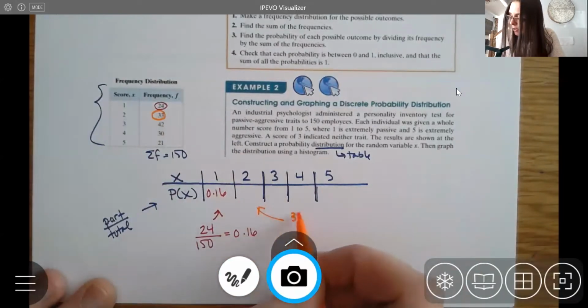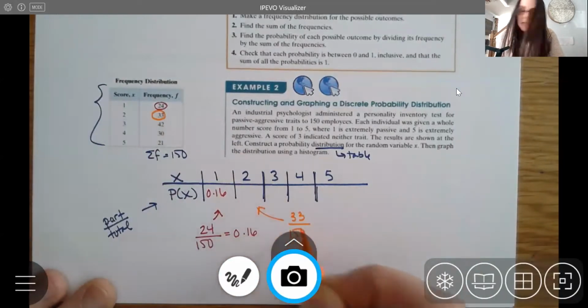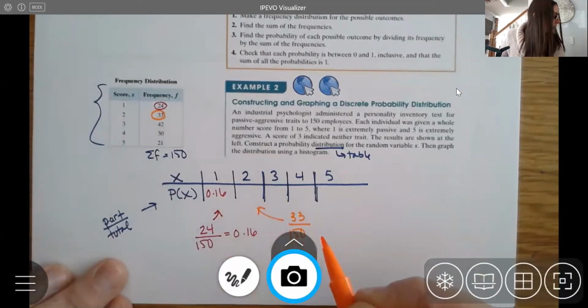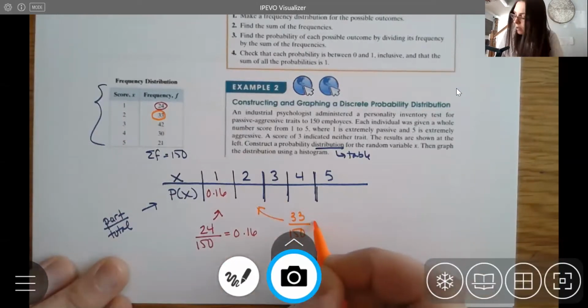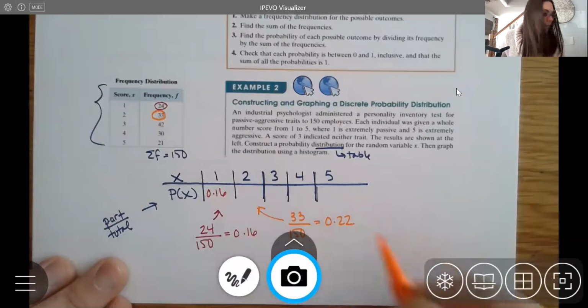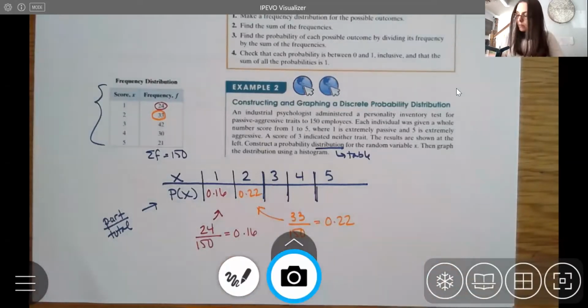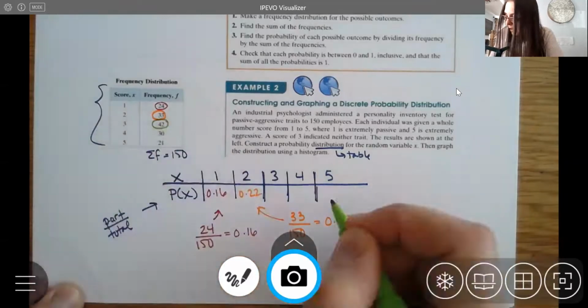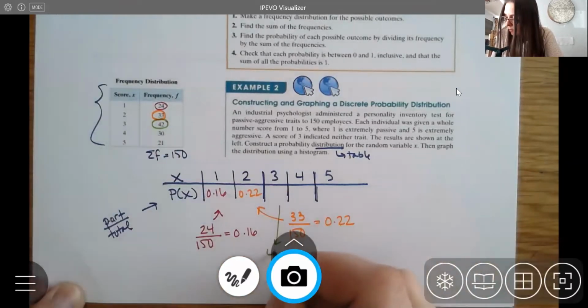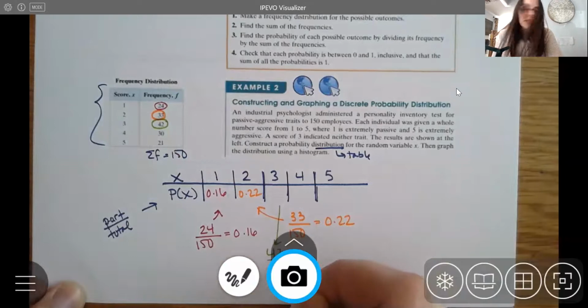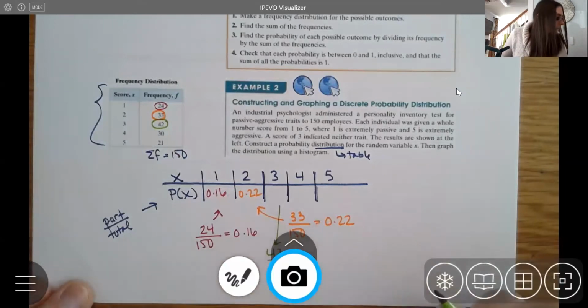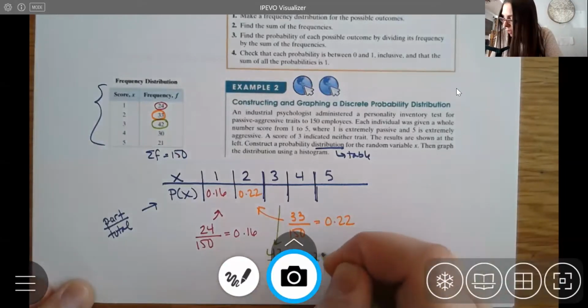So I have 33 divided by 150. And let's see, I get there 0.22. Next, I have 42 over 150. And I get 0.28.